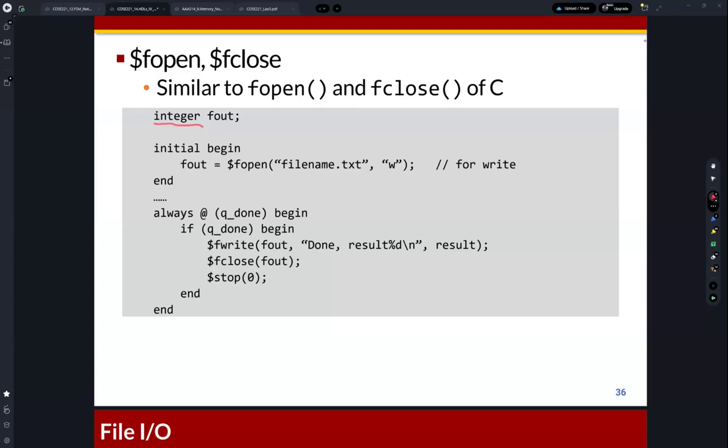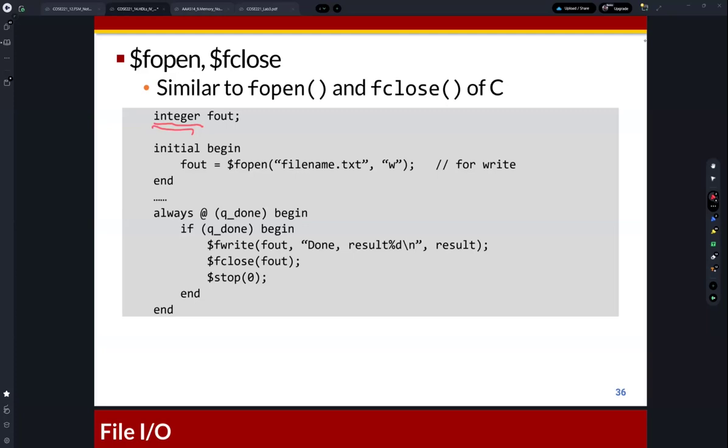C or C++ support pointers, so we declare FILE, which means we declare a file pointer. But in SystemVerilog, pointers are not supported, so we just declare the file pointer as integer.